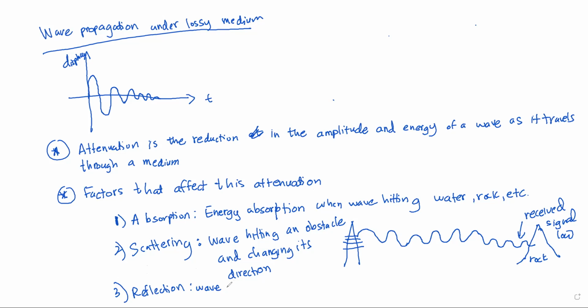So the wave is going like this and it hits a certain wall-like thing, and then part of it is getting reflected back into the same medium that it was in.